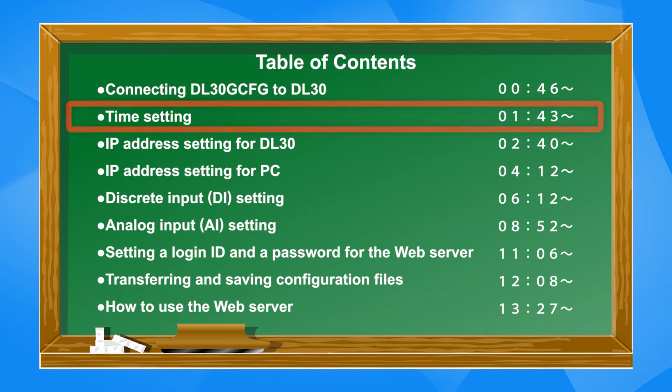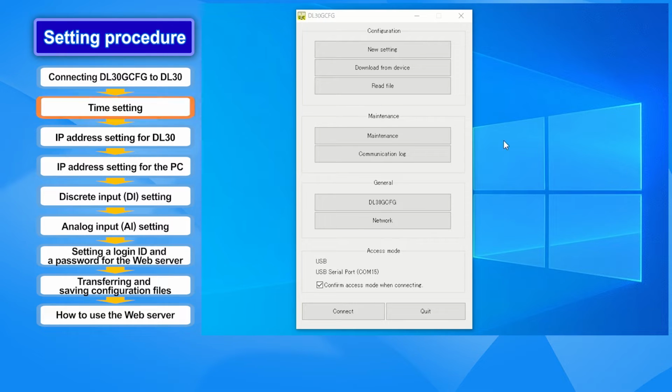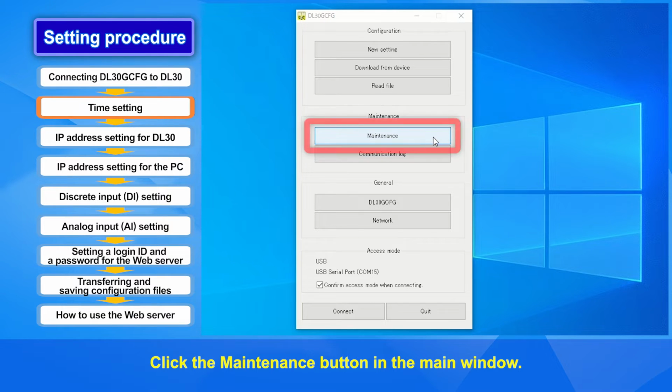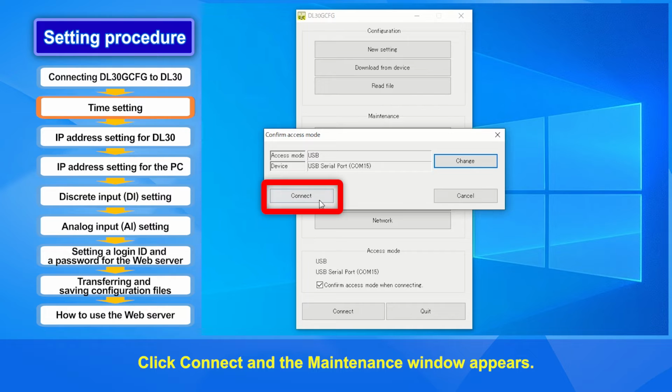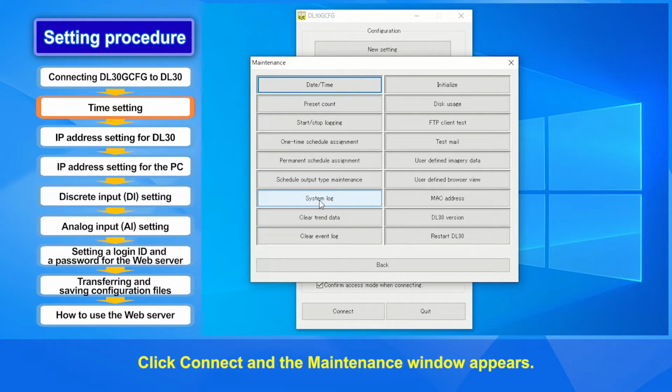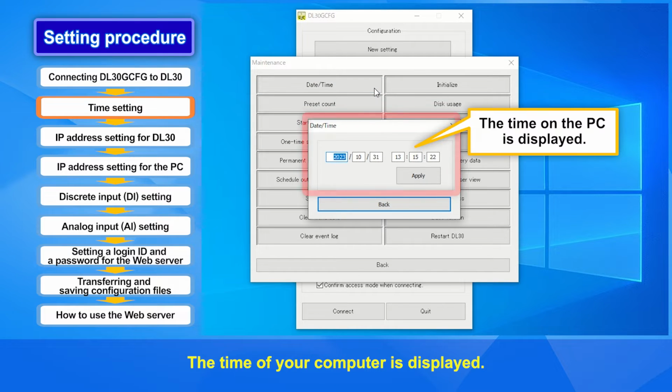The next is the time setting for DL30. Click the Maintenance button in the main window. Click Connect and the maintenance window appears. Click Date Time. The time of your computer is displayed.